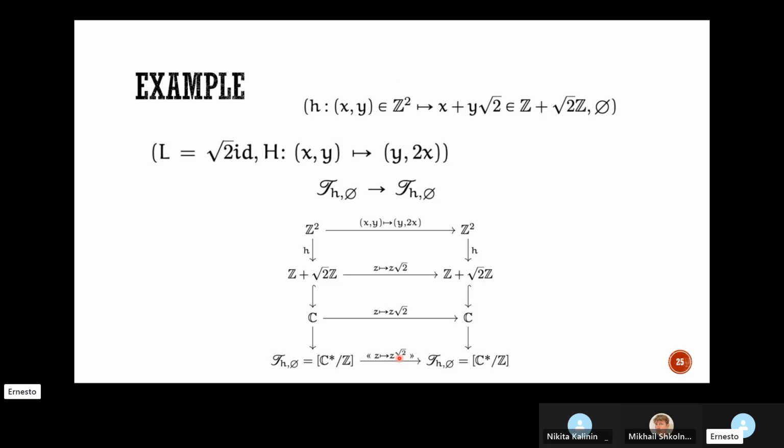And then I have managed to produce a very beautiful map, z goes to z to the square root of 2. So I have these beautiful maps that are purely algebraic, quotation, maps of the quantum torus, but now the powers are irrational numbers.